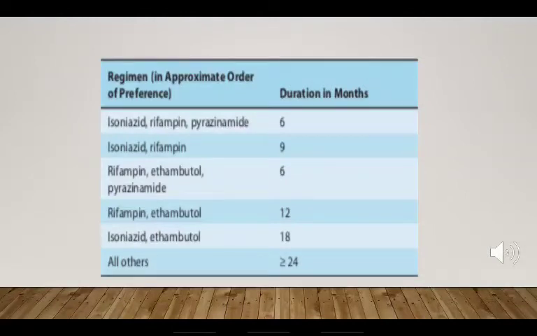So it's 6 months, 9 months, 12 months, and sometimes more than 24 months. For more than 2 years, you are treating tuberculosis. So it's not a 1-week course of antibiotics or 2-week course. We are talking here about months. So 1 month, 2 months are not enough. You have to know that you need to use combinations plus to treat for a long period of time.